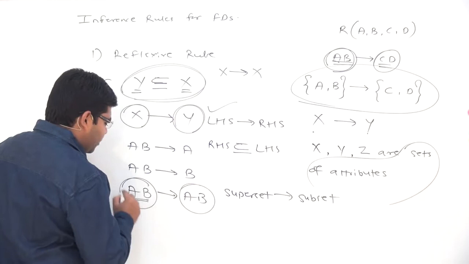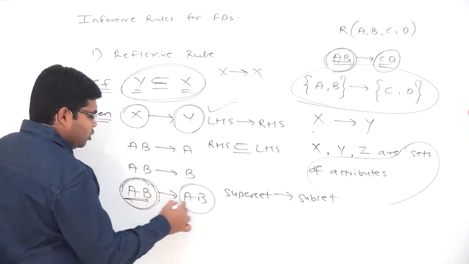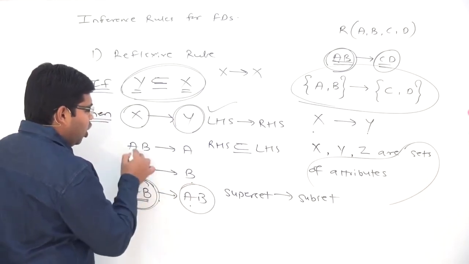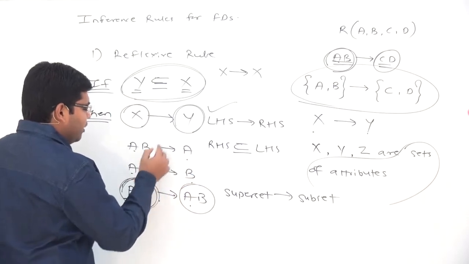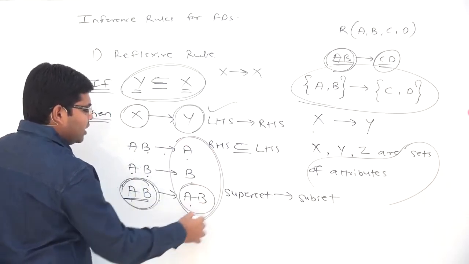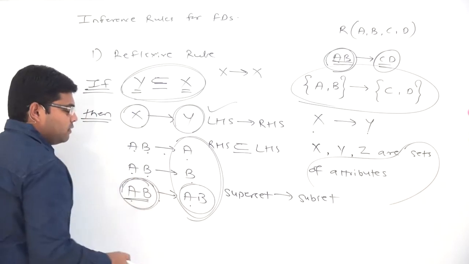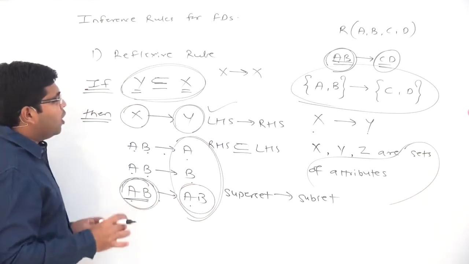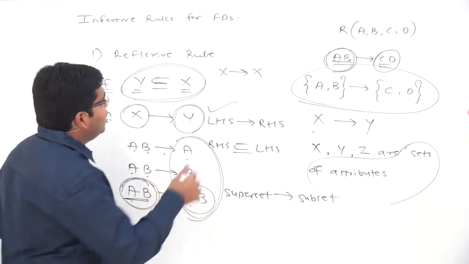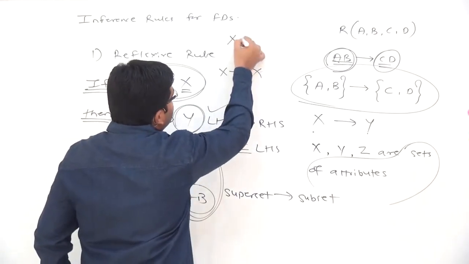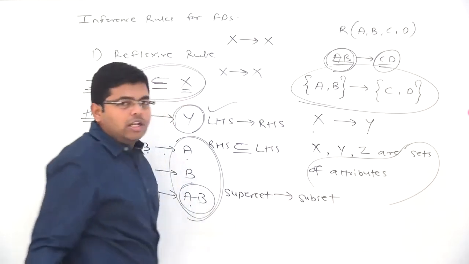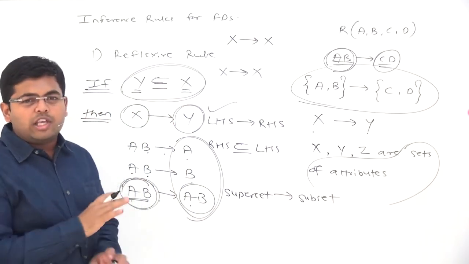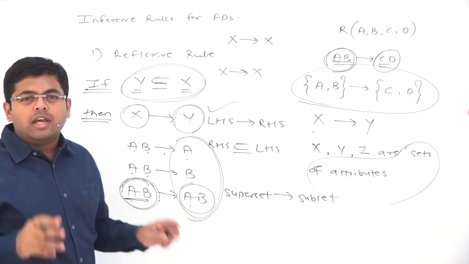Whenever you have AB on the left hand side, you can say AB gives AB, AB gives B, or AB gives A, because everywhere on the right hand side you are writing a subset of the left hand side. Now that is the first rule, reflexivity. The most important application of this rule is that any set of attributes X always determines itself. X gives X, A gives A, B gives B, AB gives AB, and so on.